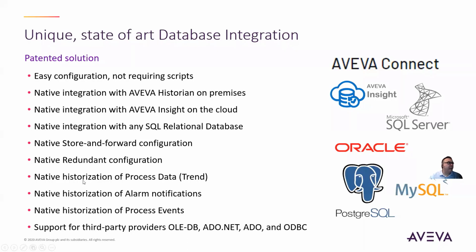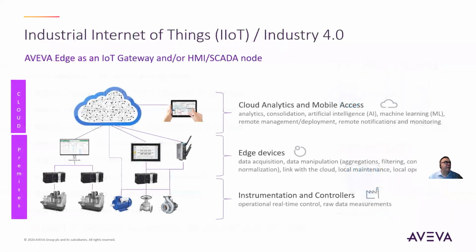Now, all of these basically say what I just mentioned, third-party support, but not only data logging, but for alarms and events as well, and really be able to trace and track what's going on in your production environment, your application.